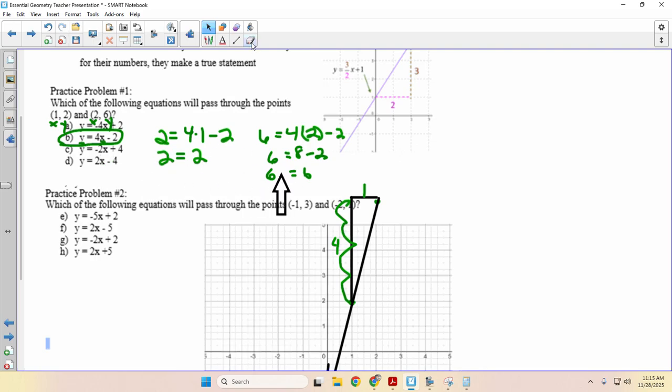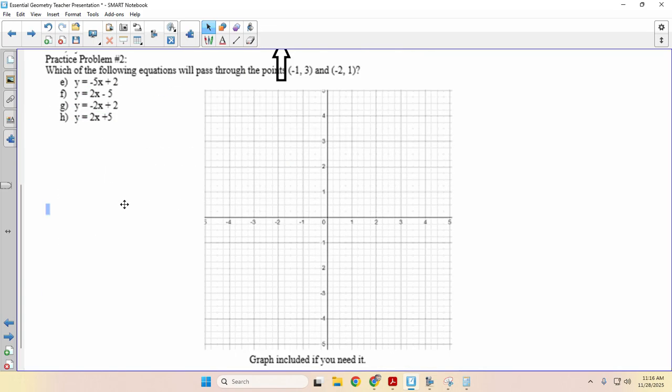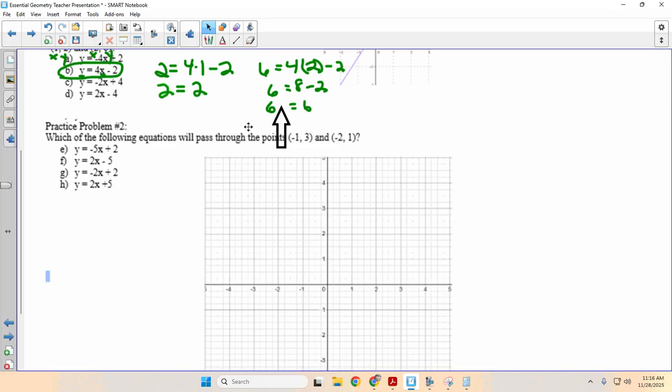Okay, I'm going to erase this little stuff over here so I can do our next problem and you guys can see. So practice problem number 2. Which of the following equations will pass through the points (-1, 3) and (-2, 1)?